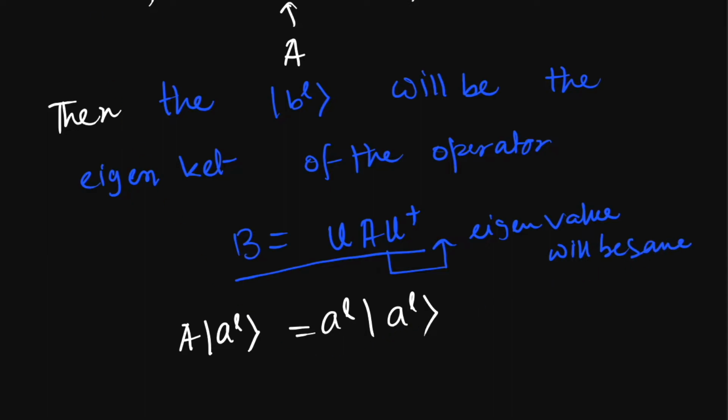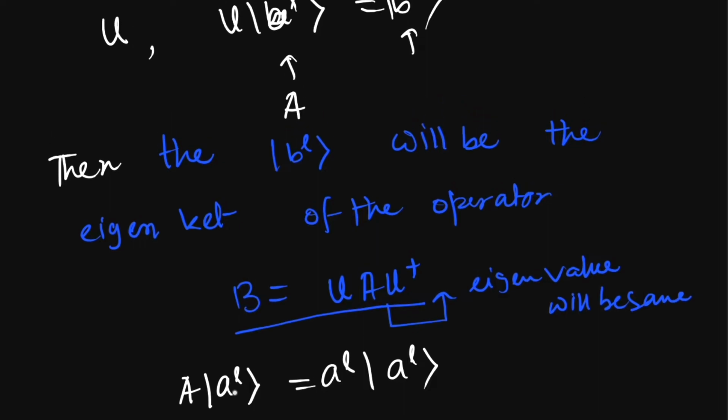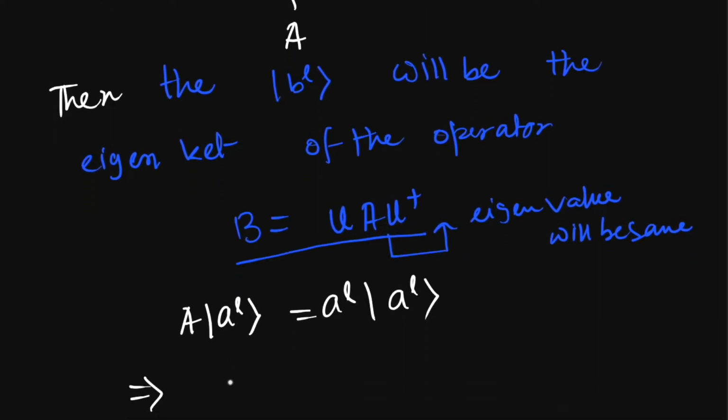Let us see that. Now operate B on |b_l⟩. What will we get?